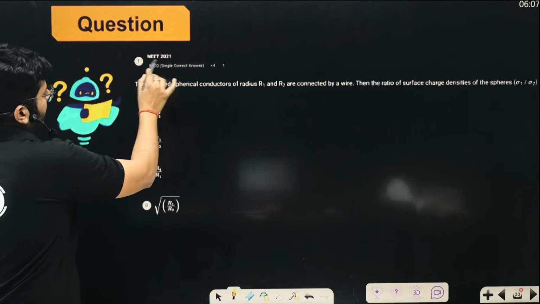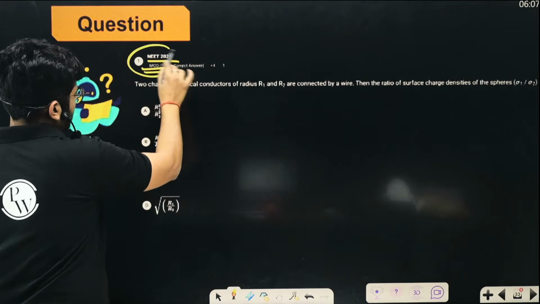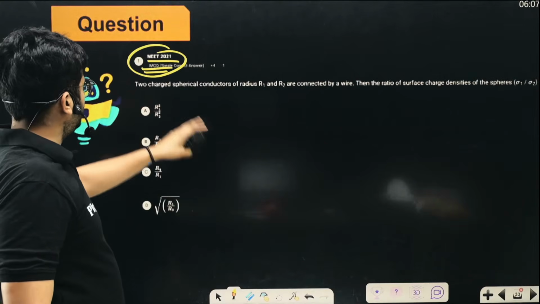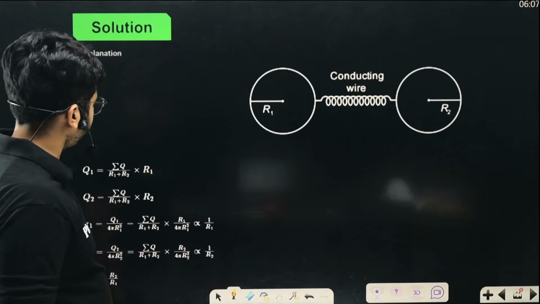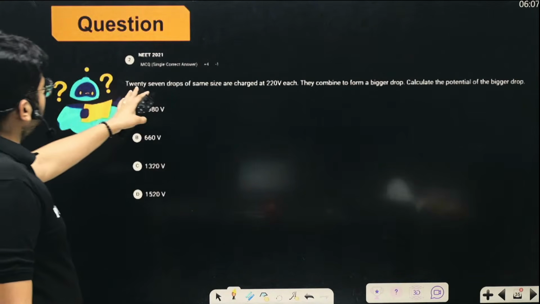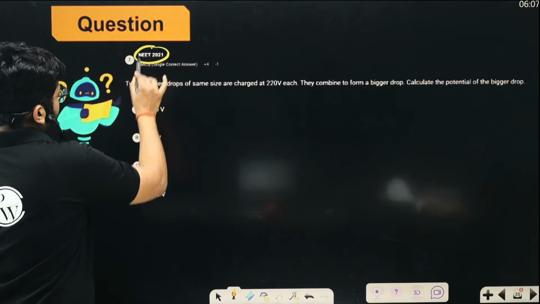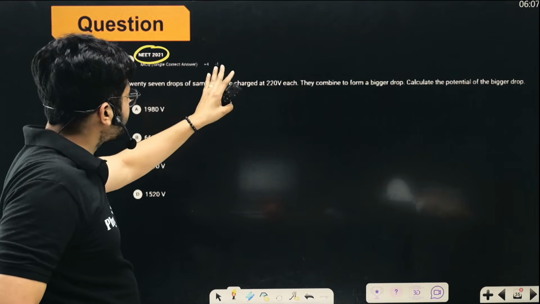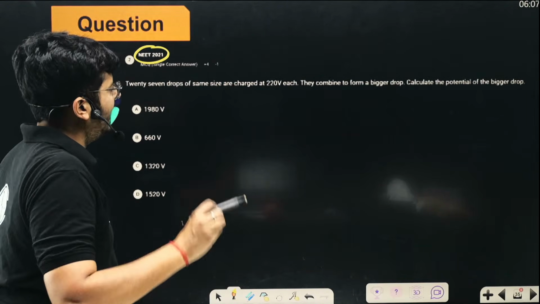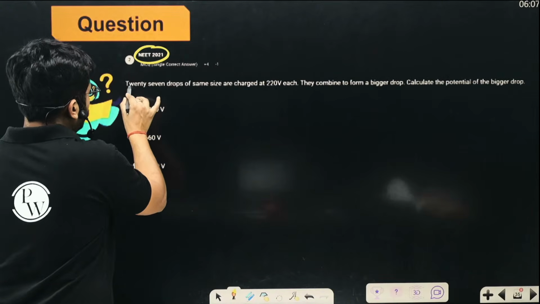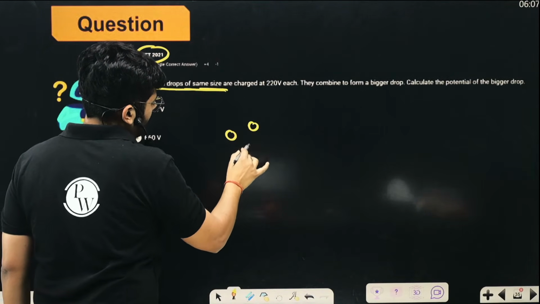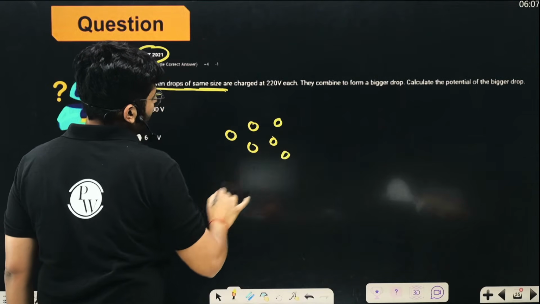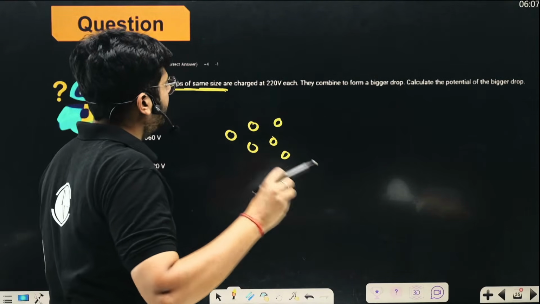But anyways, in the NEET 2021, this question was asked. Solve this question, right? 27 drops of same size are charged at 220 volt each.